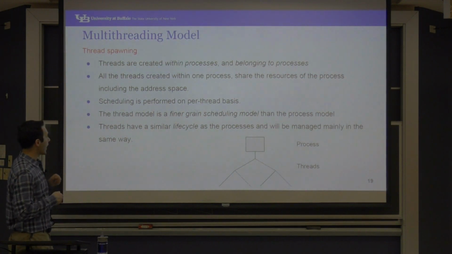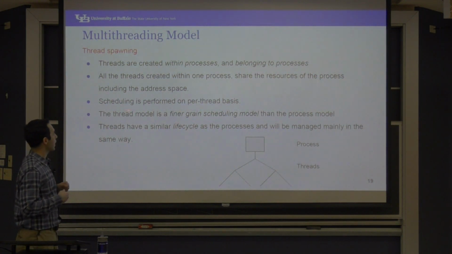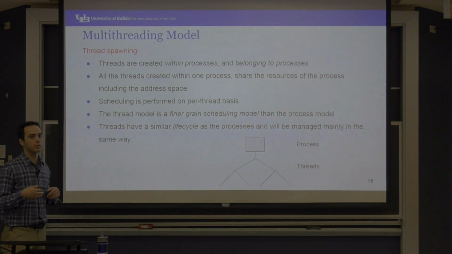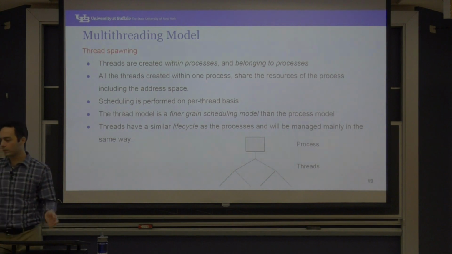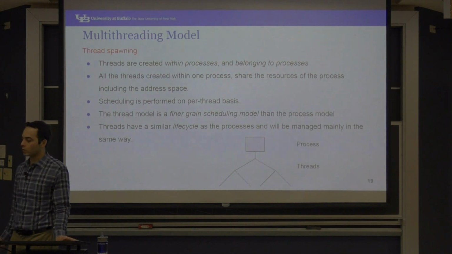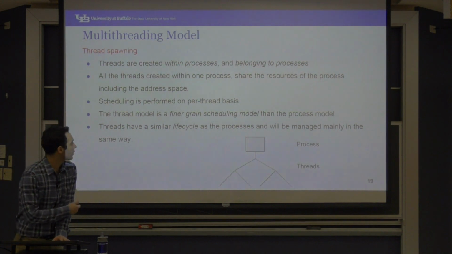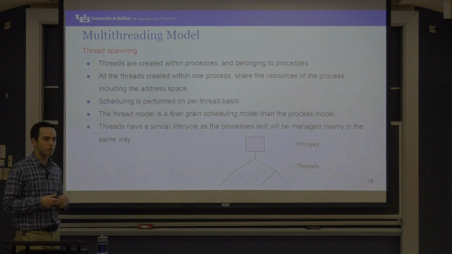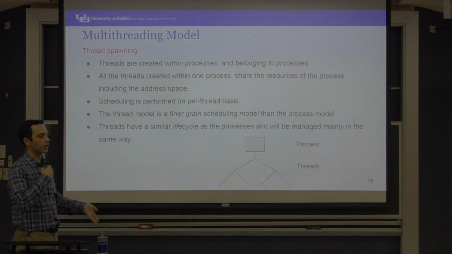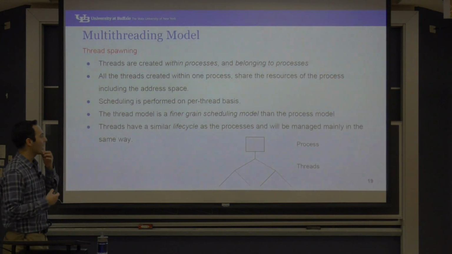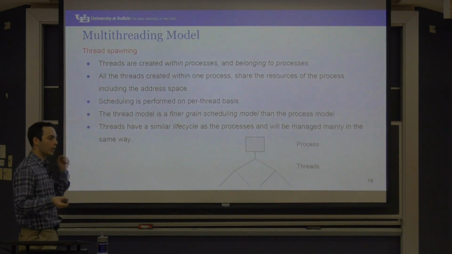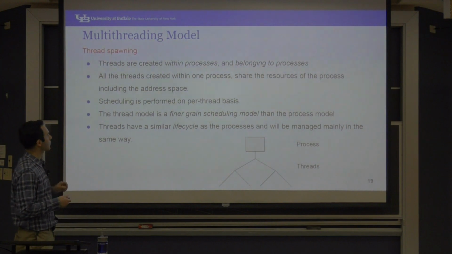And scheduling is performed on a per-thread basis, right? So each of the threads can be scheduled, or the other one. It's a finer-grained scheduling model than the process model, because the overhead of switching is not that much, and it can happen without changing all the memory space, for example.